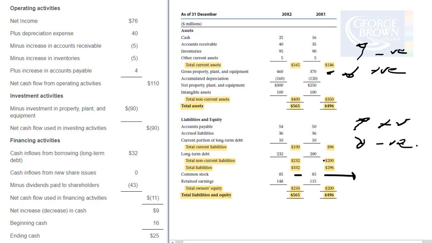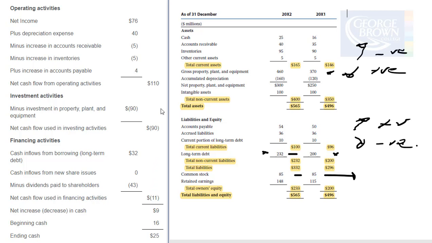However, if we look here at the long-term debt, we can see that the long-term debt in 20X2 is reported at 232 million. In 20X1, it was at 200 million. So our long-term debt grew by 32 million, and that is cash into us, so that would be a positive, okay? And also, we know that the dividends paid to shareholders was 43 million, and that's a financing activity.